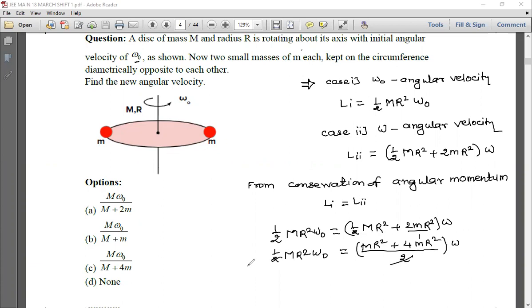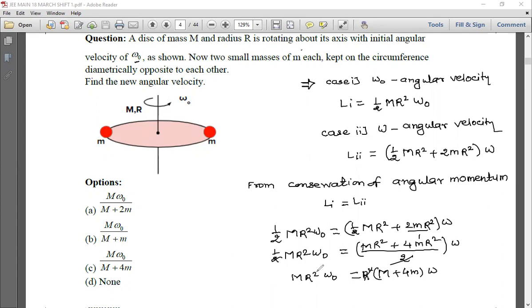So this 2 and this 2 I can cancel, and R square also I can take common and cancel. So capital M plus 4m into omega equals capital M omega naught.